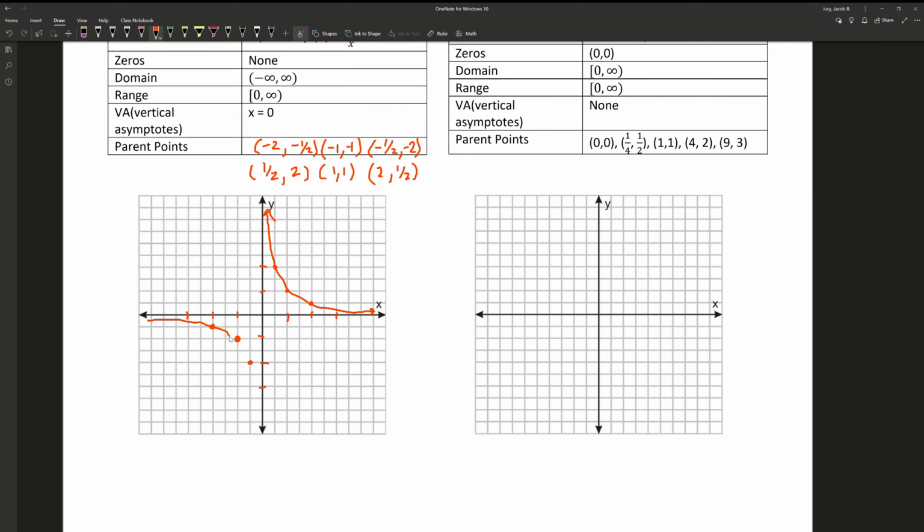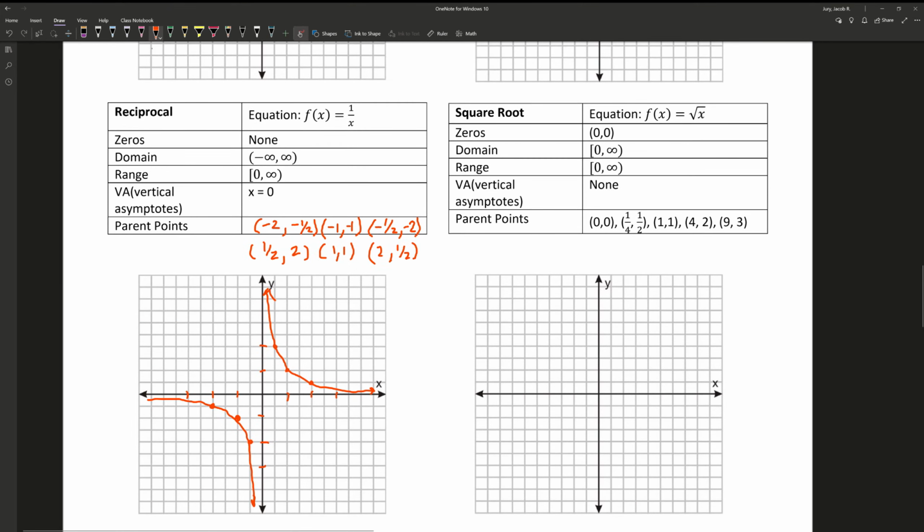The graph for this rational function, or the reciprocal function, has a vertical asymptote, which you might remember from pre-cal. This divides our domain. So the domain here is actually not correct either. So this domain is -∞ to 0, and we're going to use a union, 0 to infinity, for our domain.